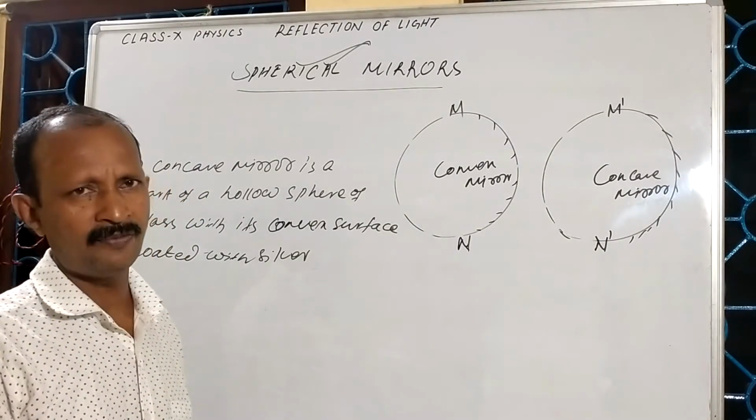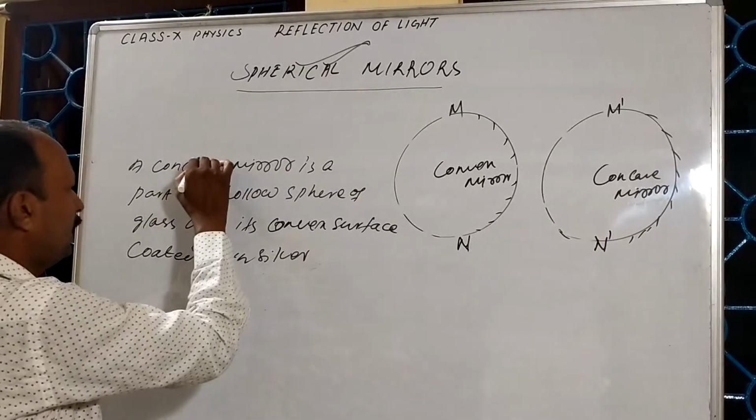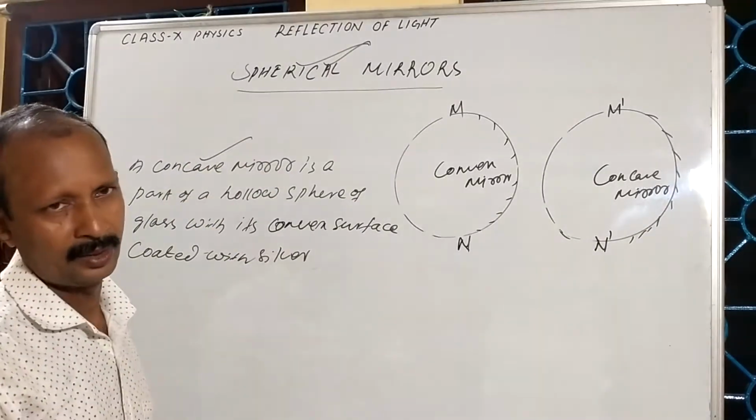If the convex surface is polished, then we say concave mirror.